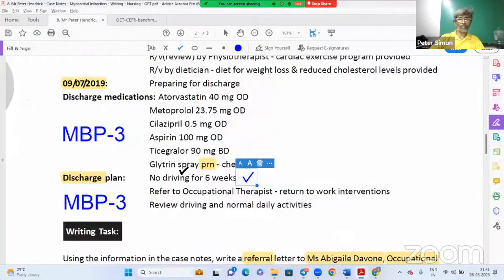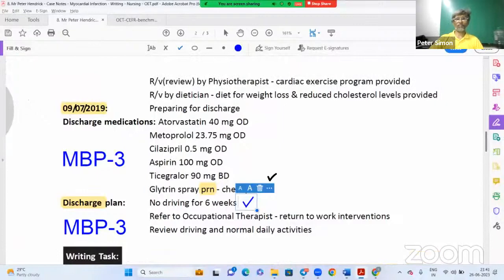PRN, glyceryl spray, chest pain. If chest pain persists, in case of persistent chest pain, the spray is recommended as required, as necessary, according to the requirement. See, persistent: it continues, it prolongs.